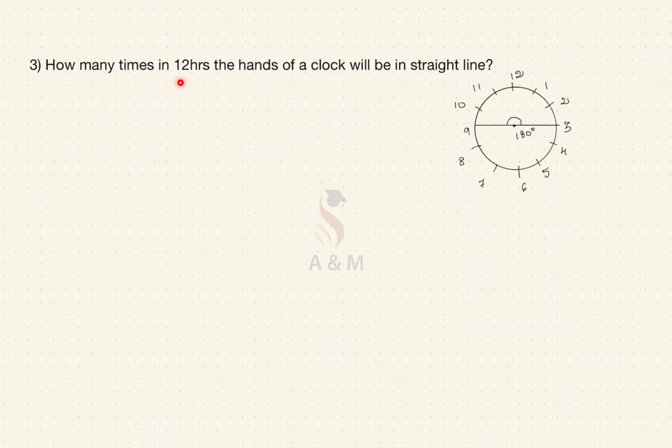How many times in 12 hours will the hands of a clock be in a straight line? It's nothing but 180 degrees, a straight line, 180 degrees. This is also the same thing. One time the straight line comes for every 1 hour. That means for every 12 hours, it's not 12 times, again it is 11 times. And for every 24 hours, it is 22 times.